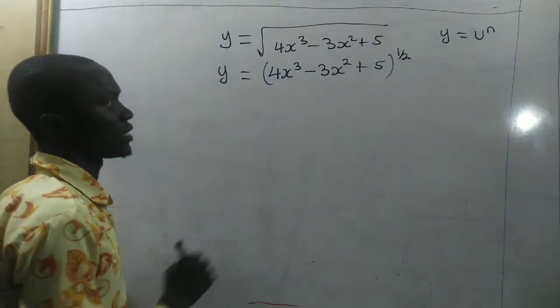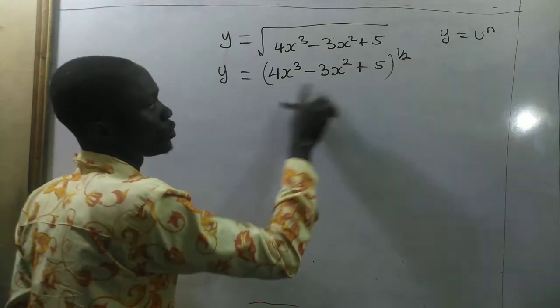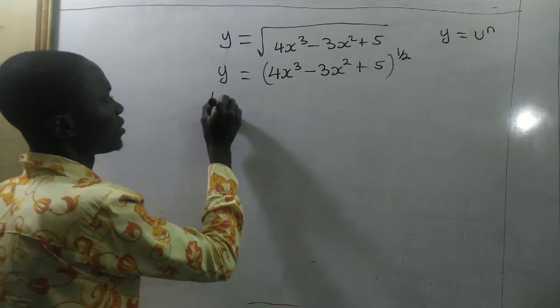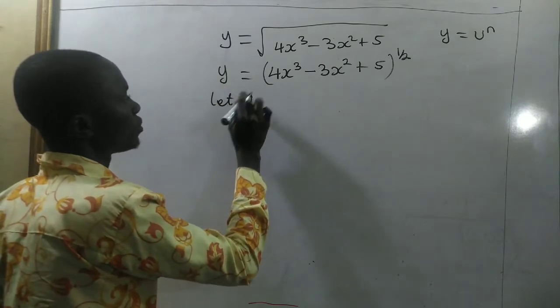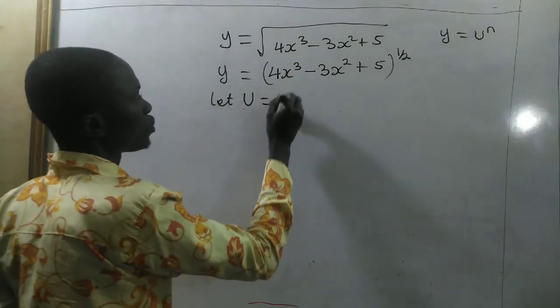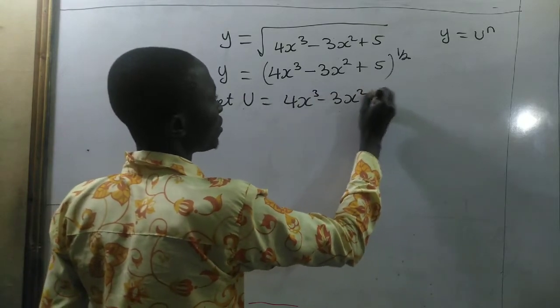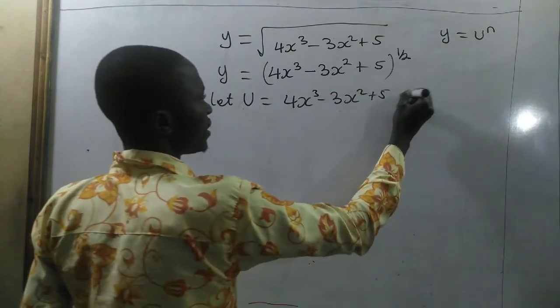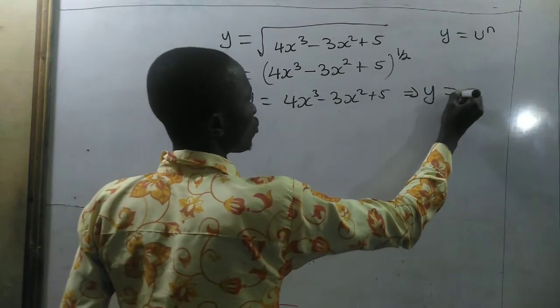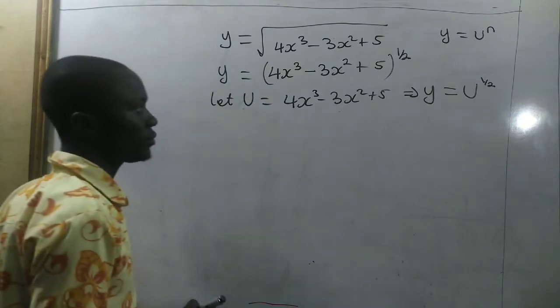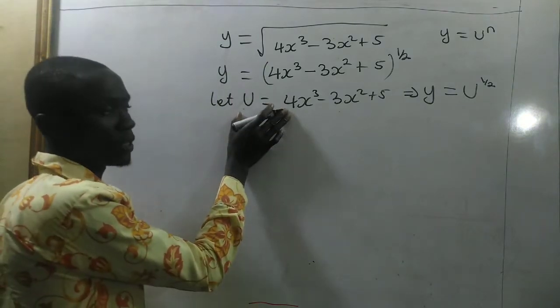Very simple as that. So we let u equal to the inner function. So here we write let u equal to 4x cubed minus 3x squared plus 5. Then this implies that y is equal to u to the power half. So let's differentiate u with respect to x.